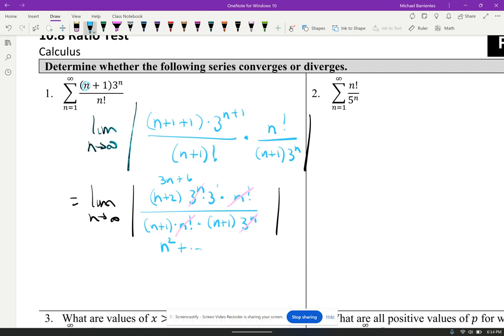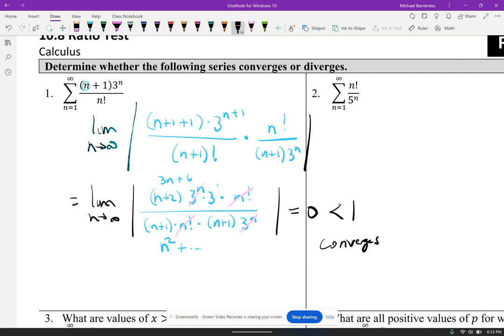As I take the limit as n approaches infinity, the denominator is going to grow faster. So the limit value here is equal to 0, which is less than 1, and therefore it converges. So this is a convergent series. I know that by using the ratio test.